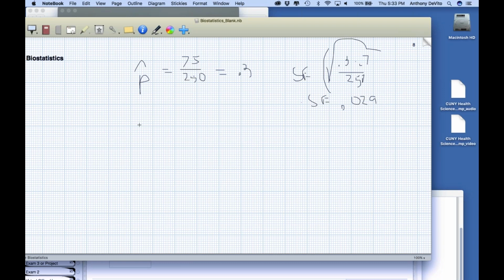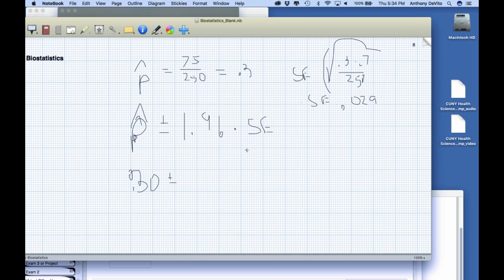Well, let's see. If I'm going to find my confidence interval, it's going to be p cap. Whoops, I'm really sorry I left that thing up. P cap plus or minus 1.96 for a 95% confidence interval times my standard error. So that's going to be p cap, which is 0.30, plus or minus 1.96 times my standard error.